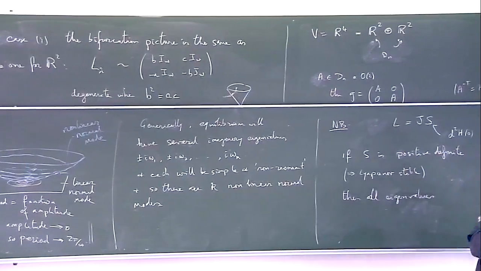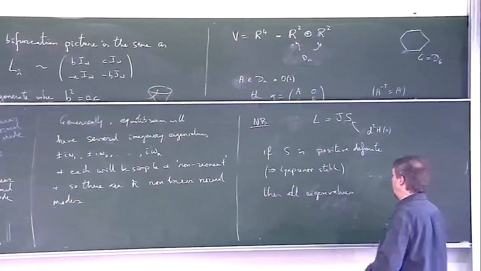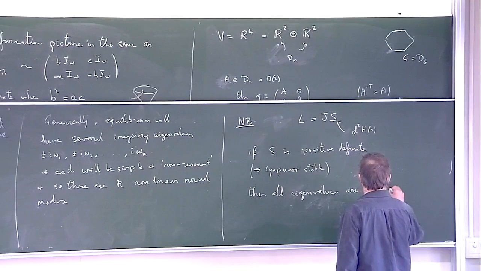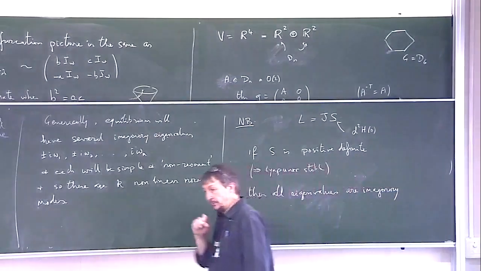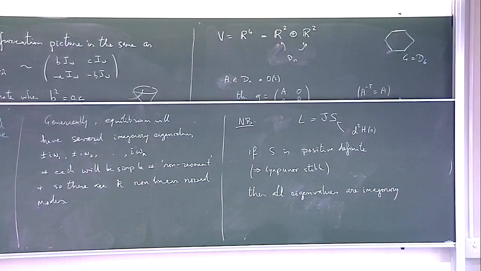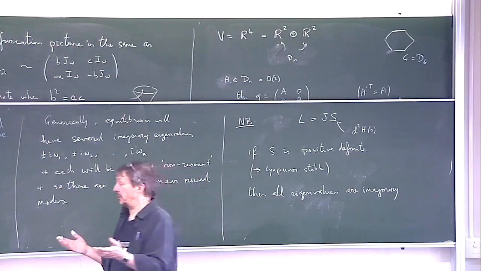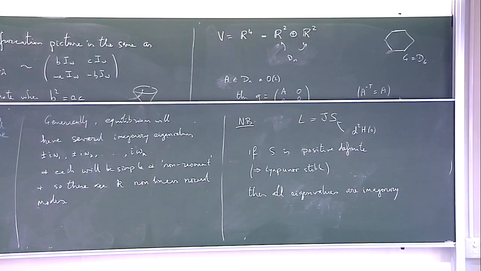So if S is positive definite, then all the eigenvalues are imaginary. So everything is about oscillations. And that's because, like a Hamiltonian system, the Hamiltonian is preserved.